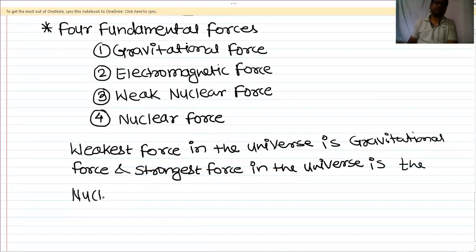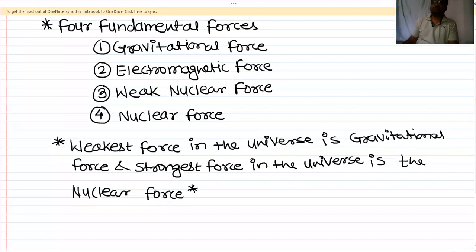So do remember this nuclear force. The weakest force we have is the gravitational force, and the strongest force we have is nuclear force.